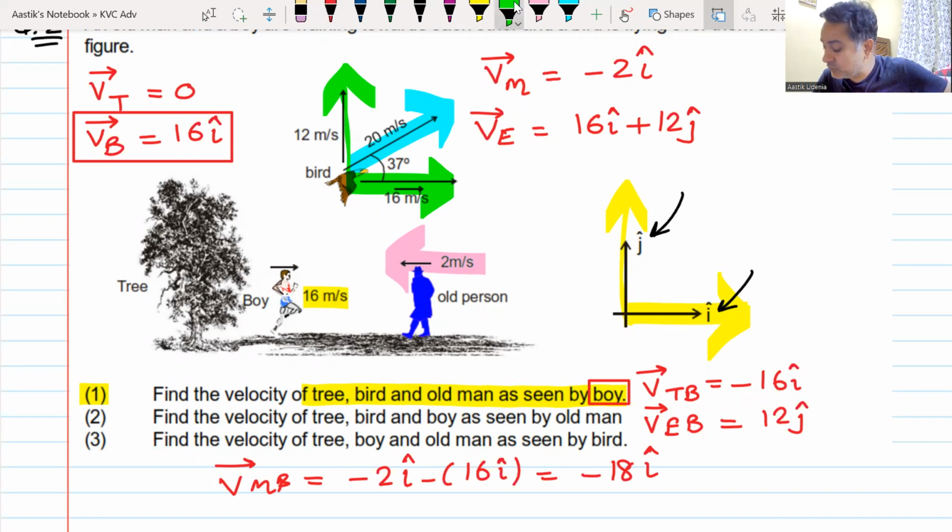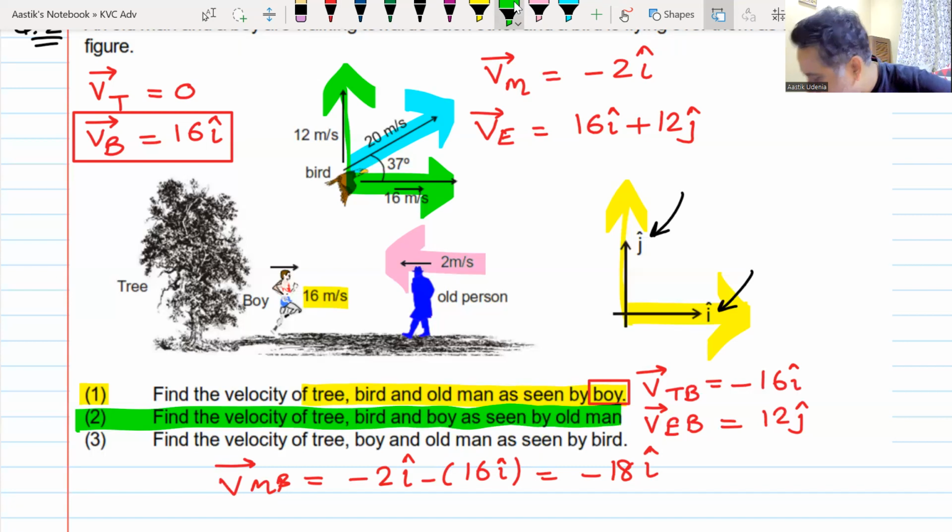So now what you'll do is you will do the green question on your own and tell me the answers. Find the velocity of tree, bird, and boy as seen by the old man. Do it fast and tell me the answer.